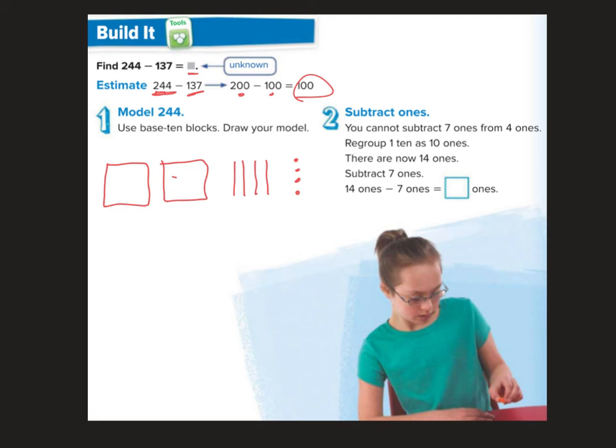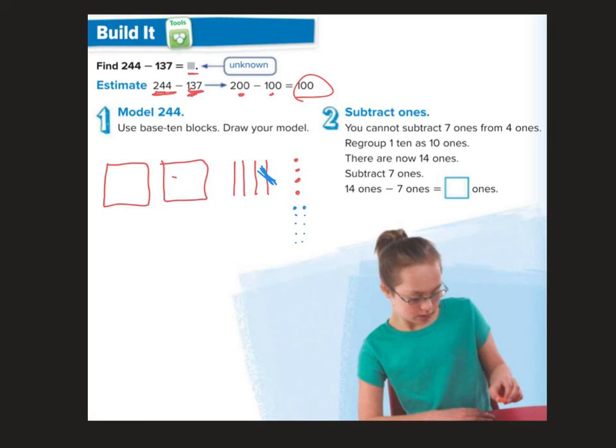Now, what I need to do is take away 137. Okay, well notice, do I have 7 ones I can take away here? No, I don't have 7 ones. So what I need to do is go next door and say, hey, Mr. Tens, can I take 1 ten and trade it out for 10 ones?